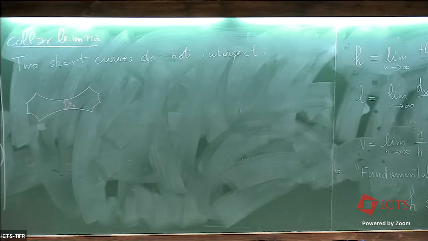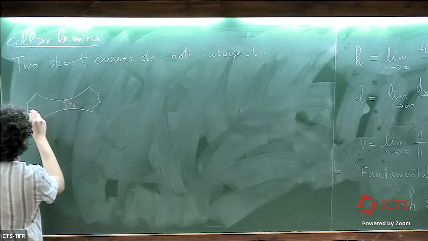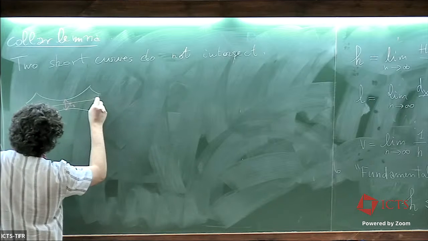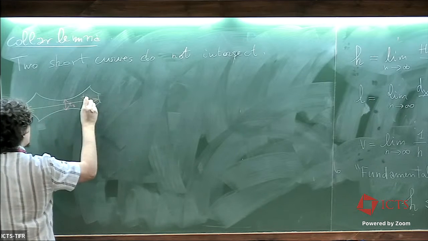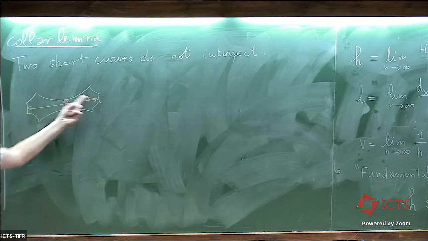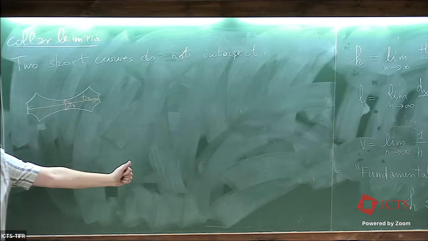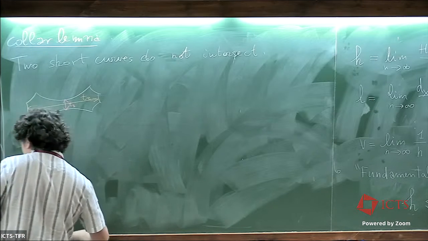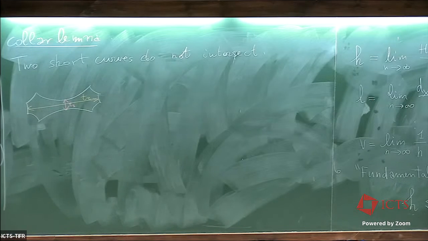But the way this generating set is chosen is that the other ones would be transversal to it, and so they would intersect. So if this one is very small, the other one has to be very long. And of course, it's not an immediate application of the collar lemma. You really need hyperbolic trigonometry, but eventually you see that these things balance out.